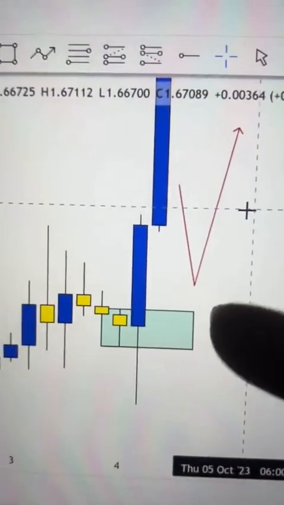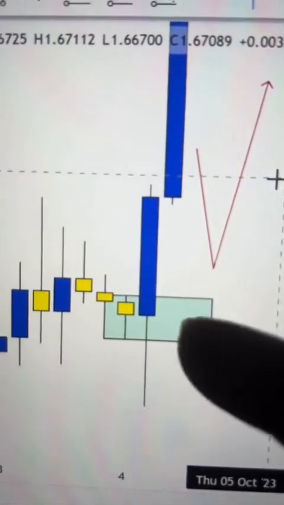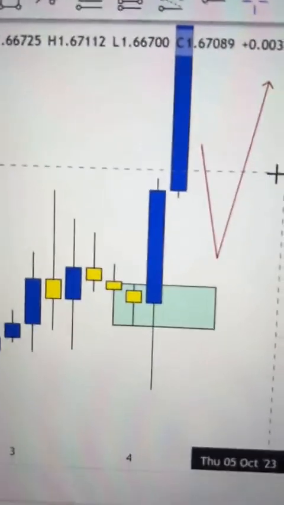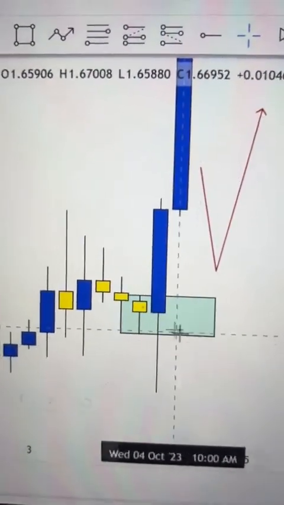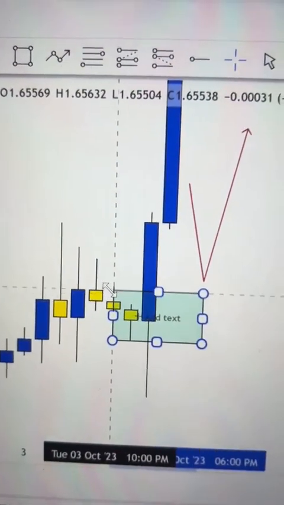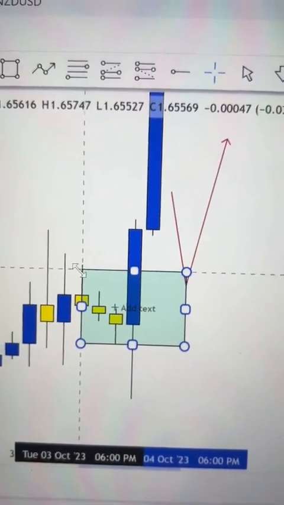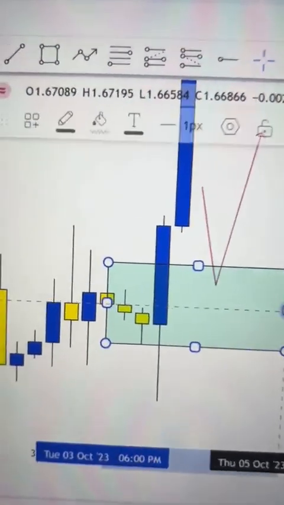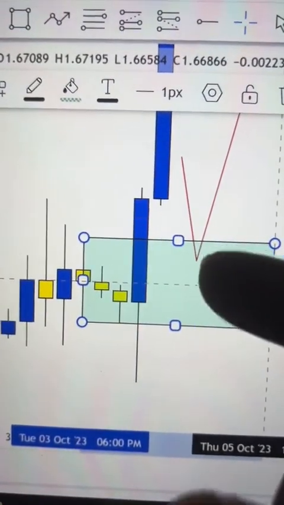It is not because your setup was not correct. It is because that zone is too small, because this is a price level. Instead, we tend to have more than one candle, or probably three candles. If you have three candles, you will see that price taps your demand zone.